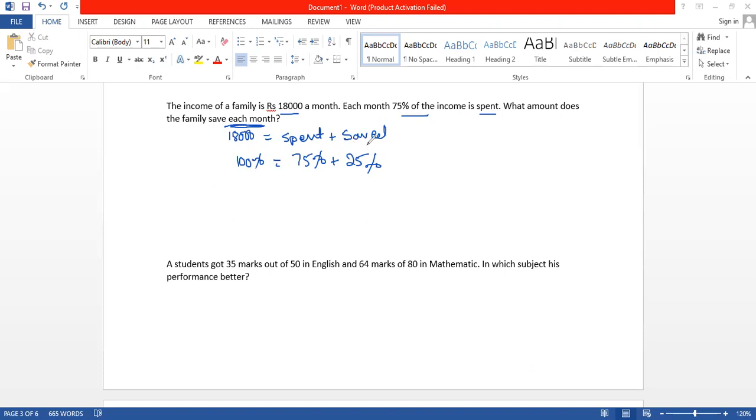So the amount that is going to save will be 25 over 100 multiplied by 18,000. So this will give you 4,500.